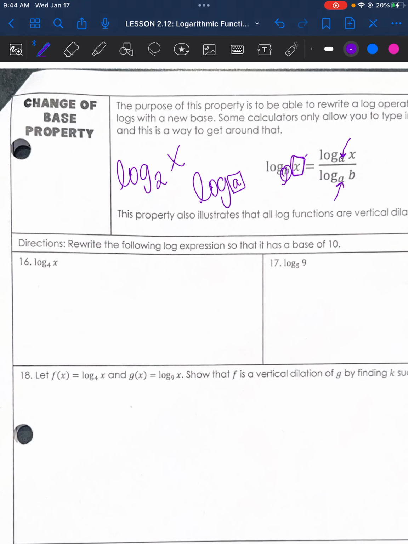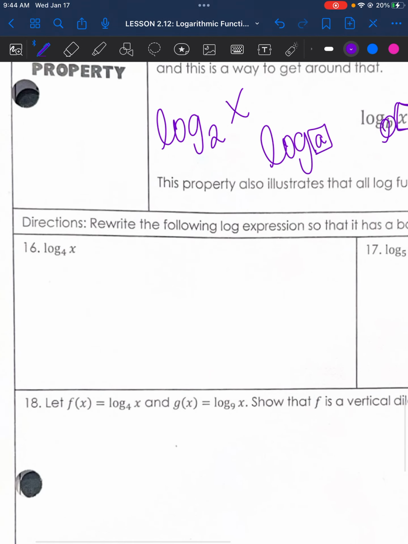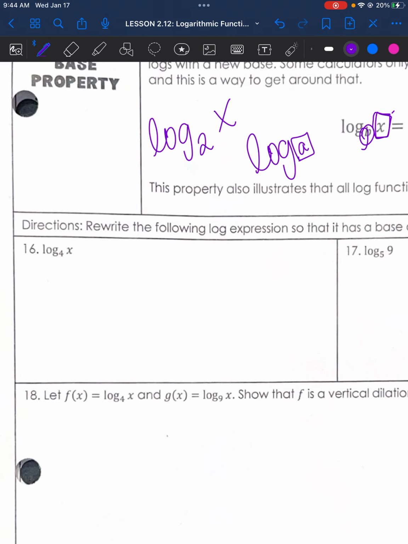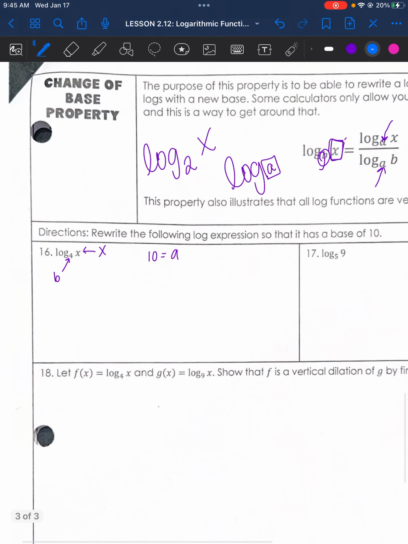So 16 and 17, I want to rewrite so that it has a base of 10. Formula-wise, that's my b, that's still my x, and 10 is my a. So 10 is the base that I want it to be. So this is the same as having log base 10 of x divided by log base 10 of 4.